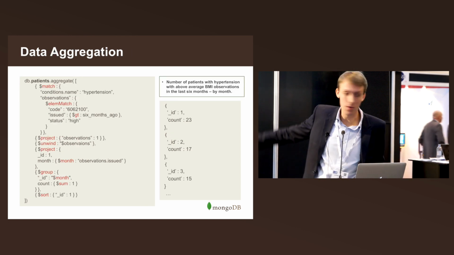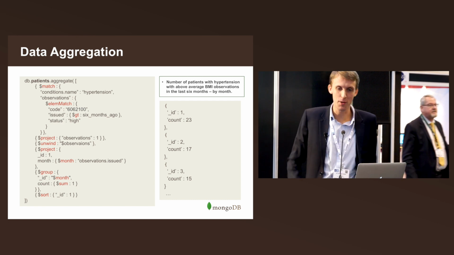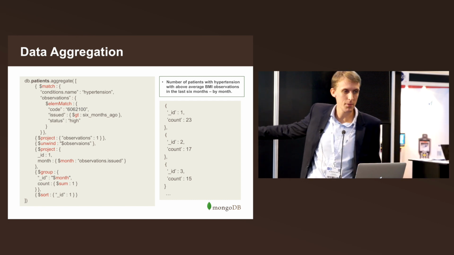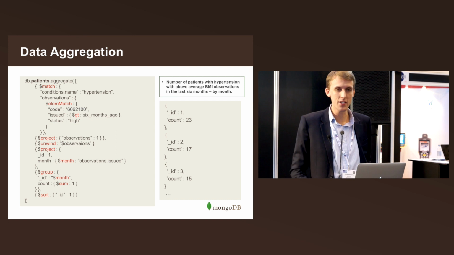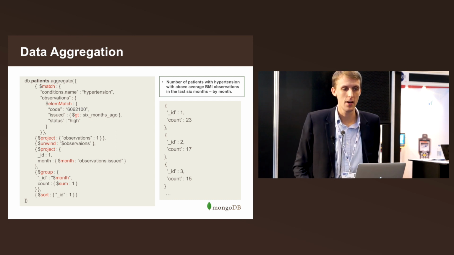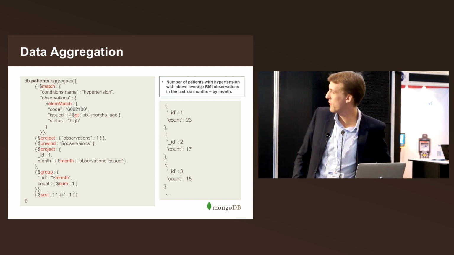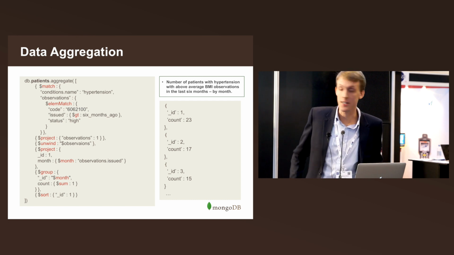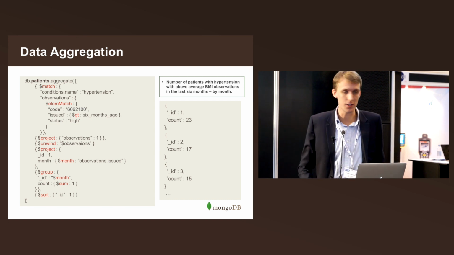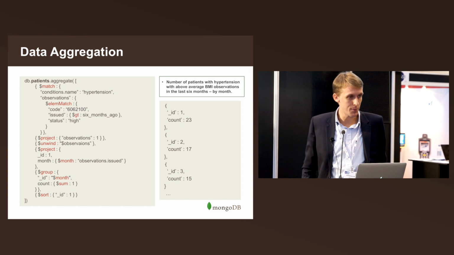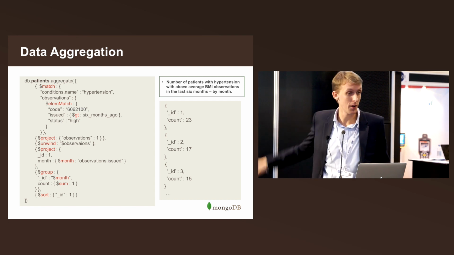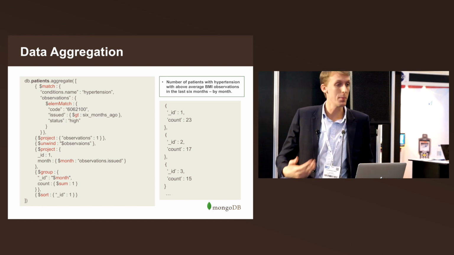And we can also aggregate. Now, this took me a little while to write this morning, and it's really small, so don't worry if you can't see it. But what I want to just demonstrate is that once you've got all this data, you can then start to apply analytics to it at pretty large scale. So, for instance, I've got an example here of trying to find the number of patients with hypertension with an above-average BMI in the last 6 months. And I want to be able to look at this by month as well.